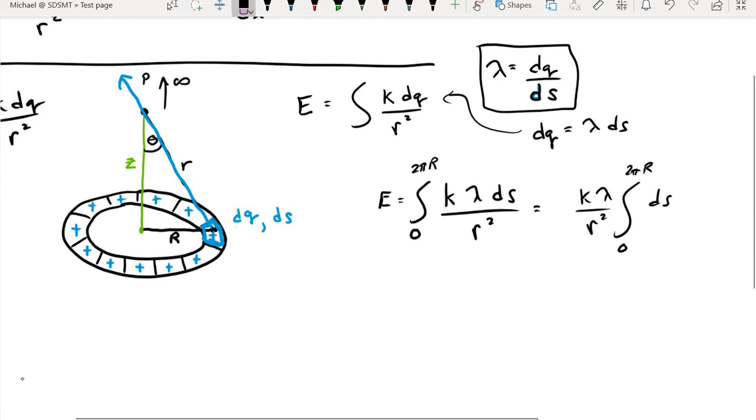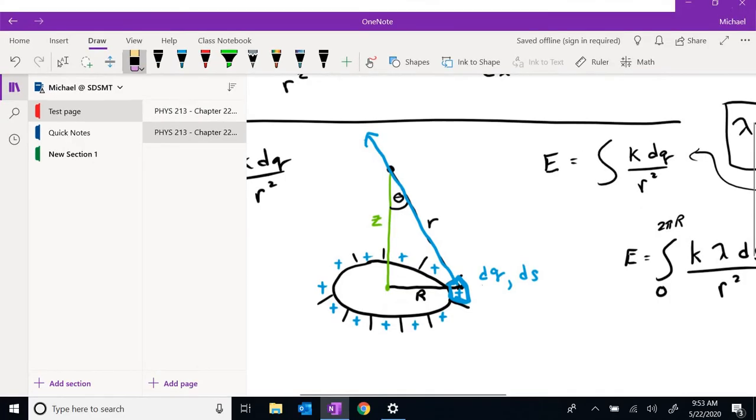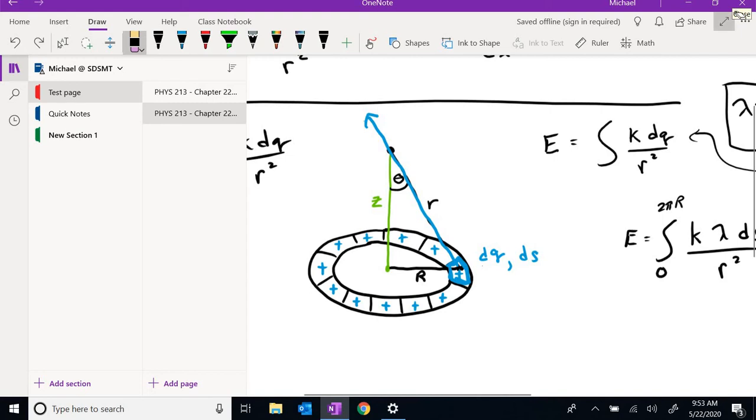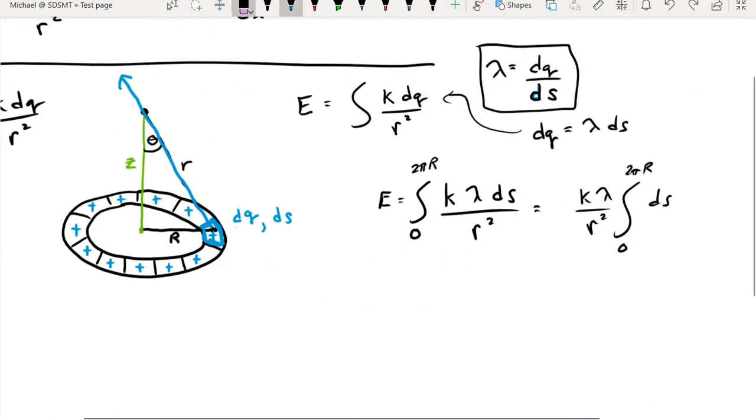It's sending that electric field up, and it intercepts our point P. But at the same time, as that charge is sending its field up, we have an evil twin over on this side, which is also going to send an electric field up to that point where it will intersect.